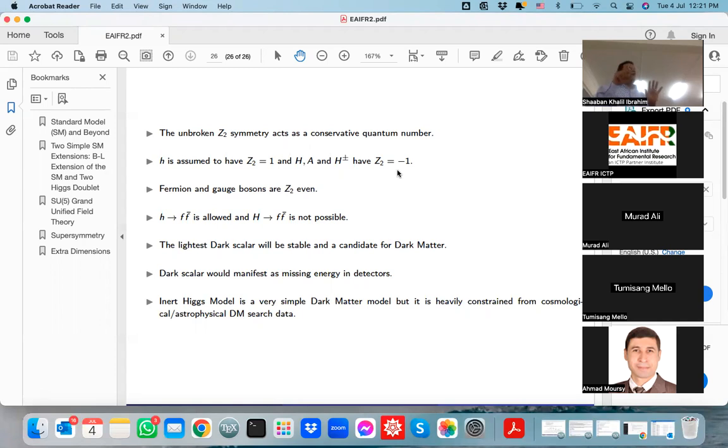You could have phi 1 and phi 1 tilde, phi 2 and phi 2 tilde, and then you couple phi 1 to the up sector and phi 1 tilde to the down sector, phi 2 to the down sector and phi 2 tilde to the up sector. So in principle, you can couple to all, phi 1 and phi 2.